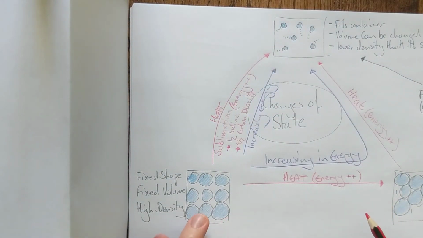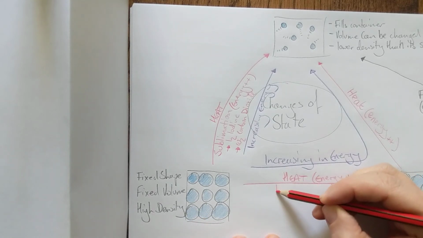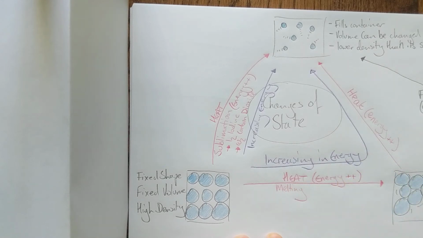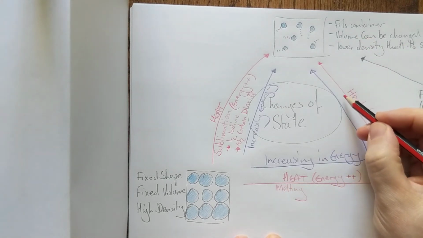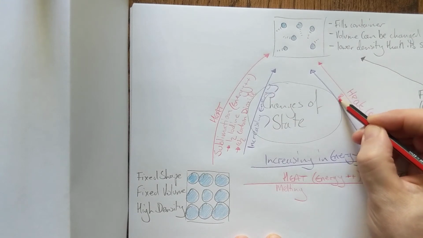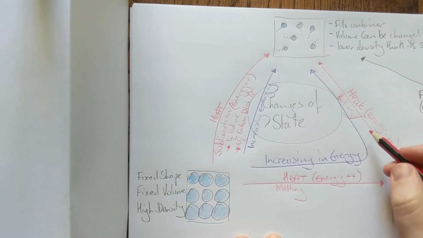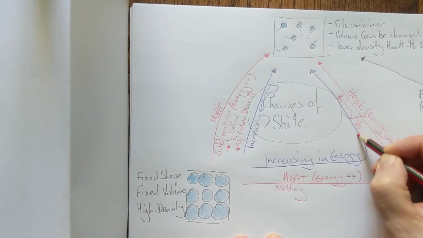When we turn from a solid to a liquid, we should all know that that is called melting. When we go from a liquid to a gas, we should know that that is called boiling, or vaporization.